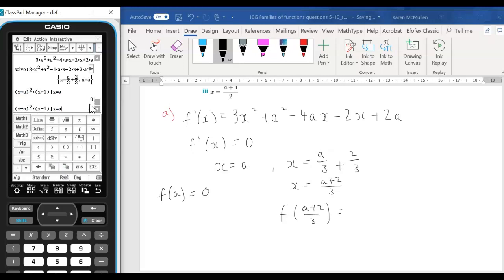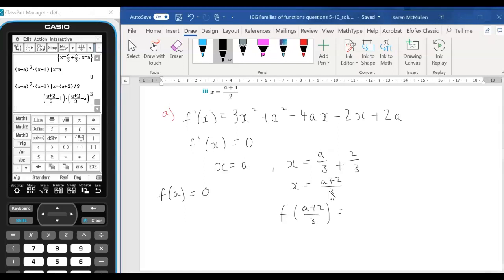So instead of x equaling a, I'm going to change that to a plus 2 over 3. And there is my y coordinate, which is not the nicest, but anyway. a plus 2 over 3 minus 1, and then a plus 2 over 3 minus a squared.